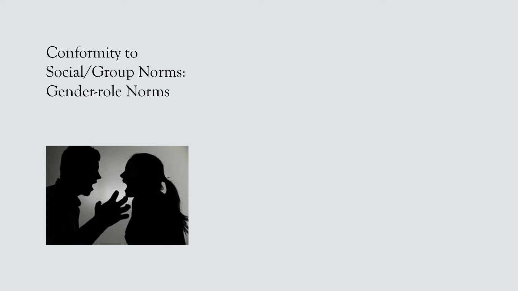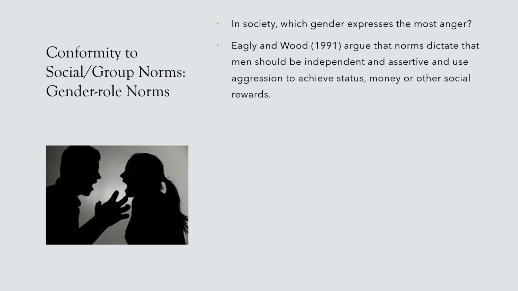So I want to talk about gender role norms now. In society, which gender expresses the most anger, would you say, generally? Eagly and Wood argue that norms dictate that men should be independent and assertive and use aggression to achieve status, money, or other social rewards.